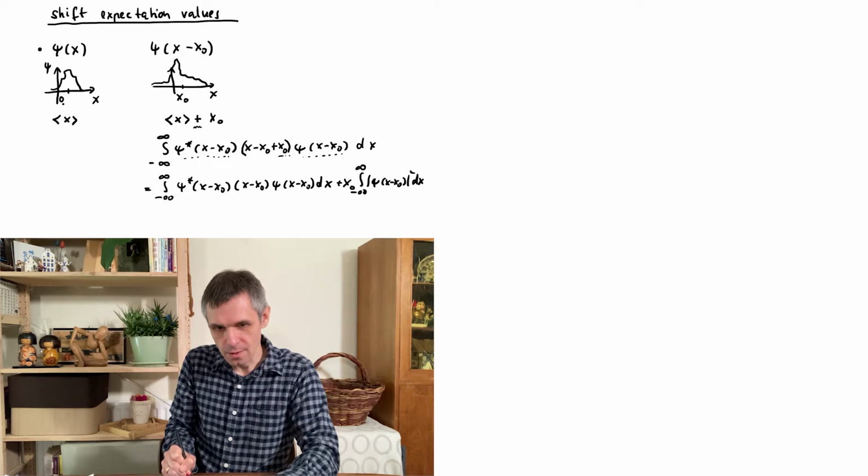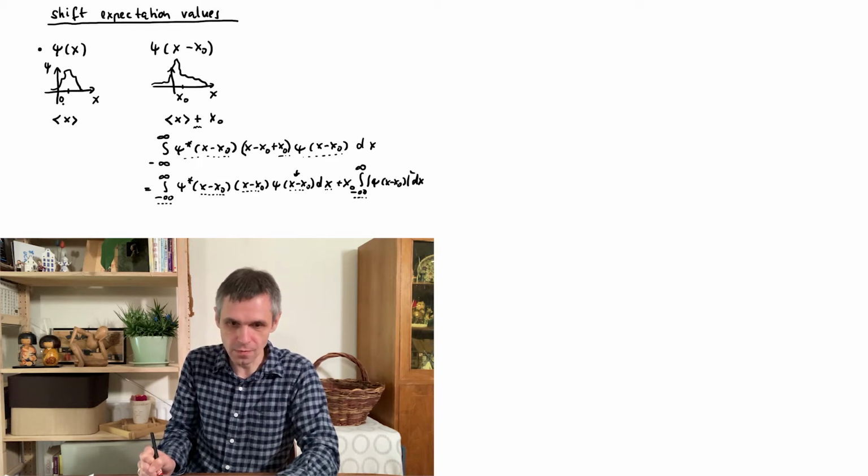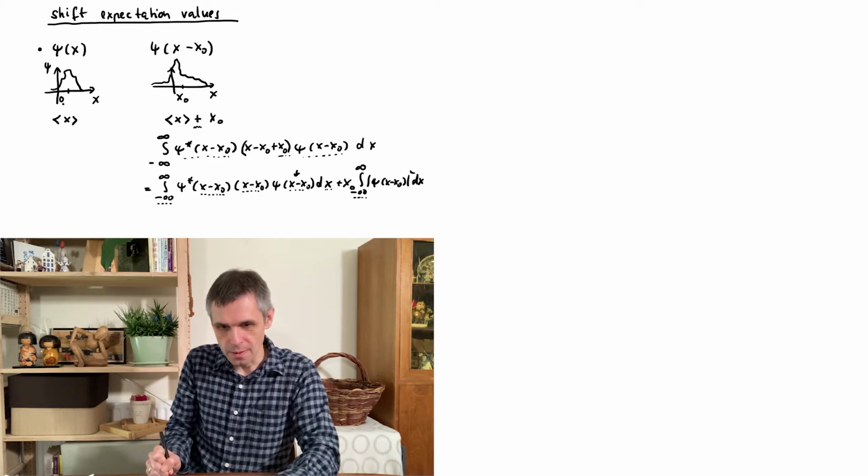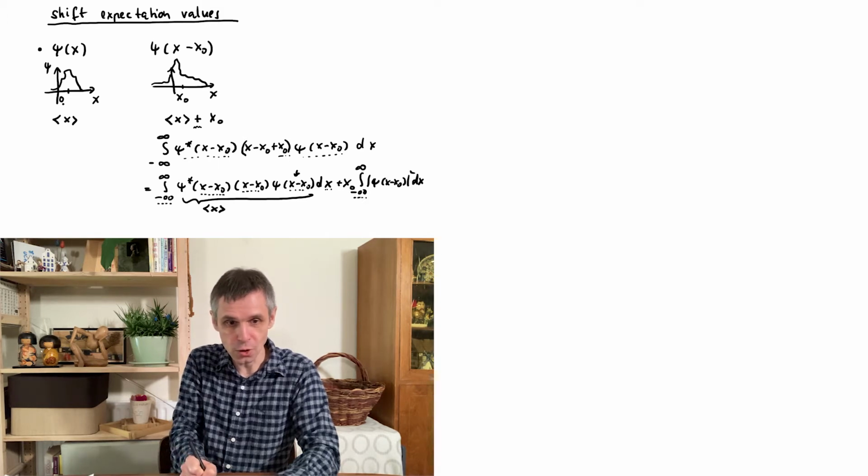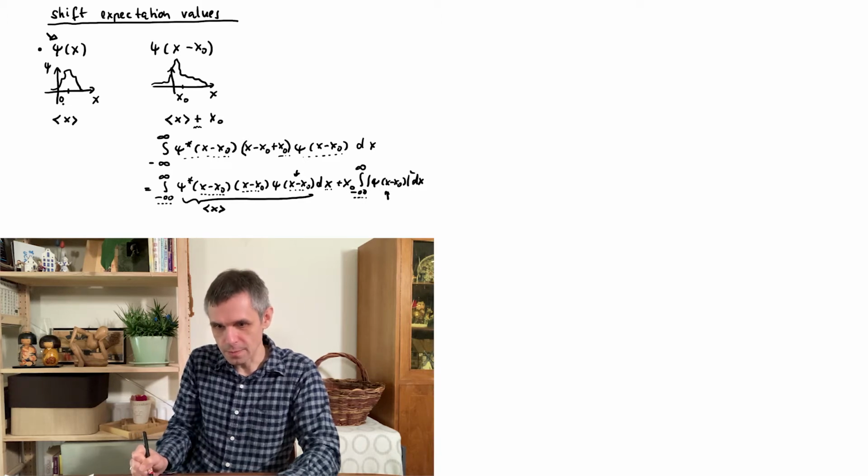Now, because these are all integrals over all space, we can simply shift the integration variable. So wherever we have x minus x0, instead of integrating over x, we can just integrate over this variable here. So this one here is actually identical just to the expectation value of x evaluated in the unshifted wave function. And this normalization integral just becomes 1, and therefore we obtain plus x0, just as written here.